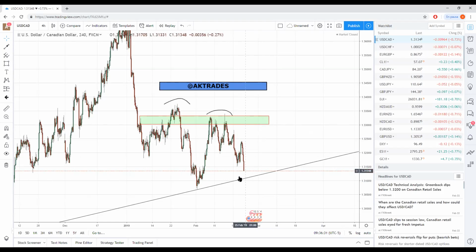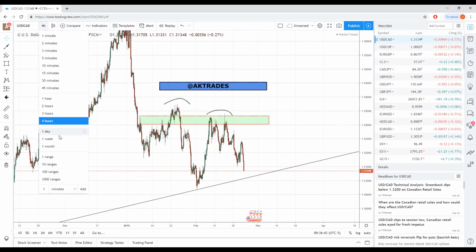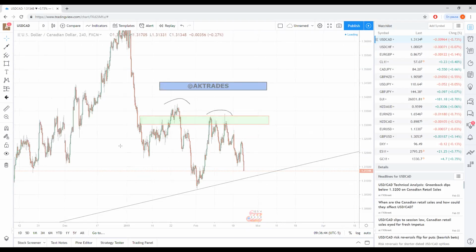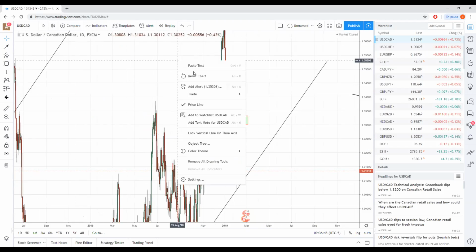So this could be a good place to either exit entirely or just take out 70 to 80% of your position.